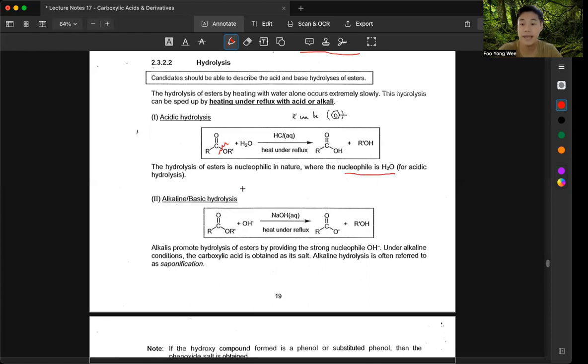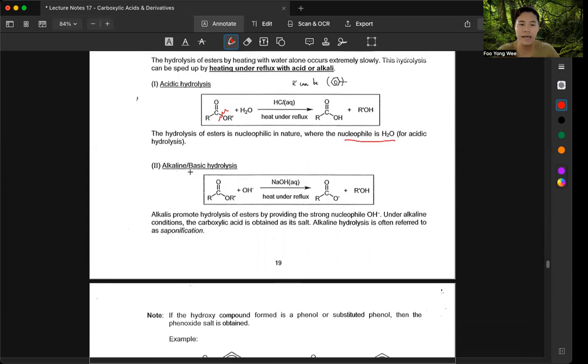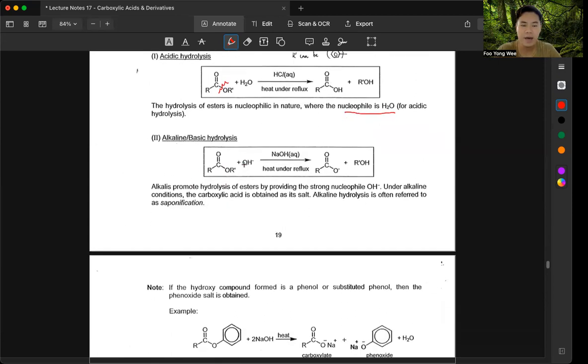Don't have to know the mechanism in A level, just know that it's a nucleophilic hydrolysis. As for alkaline hydrolysis, the alkali promotes hydrolysis of ester by providing the strong nucleophile. So this is a strong nucleophile, and it will be able to break this.